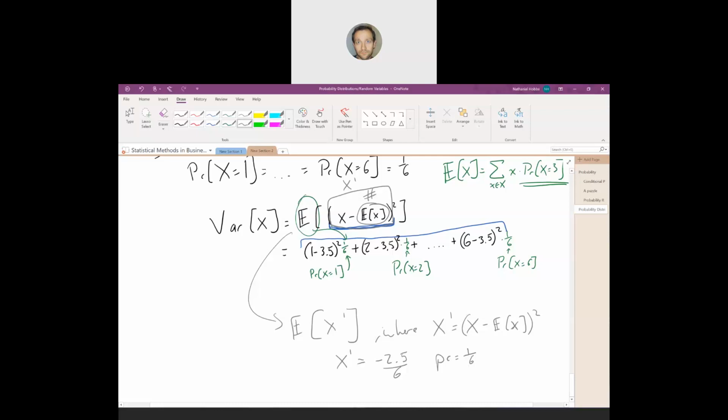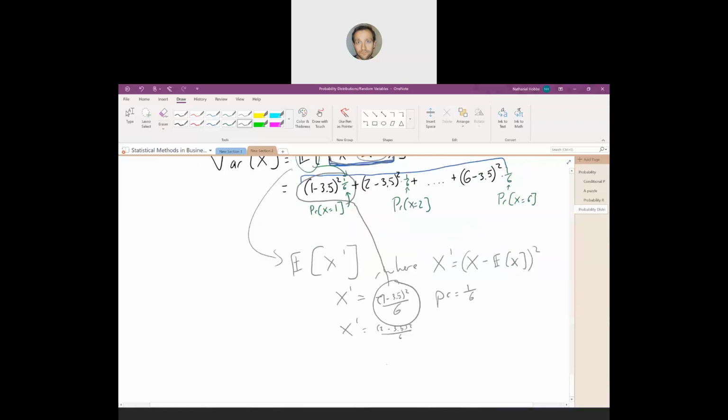And x prime can also equal this, or 2, and so on.